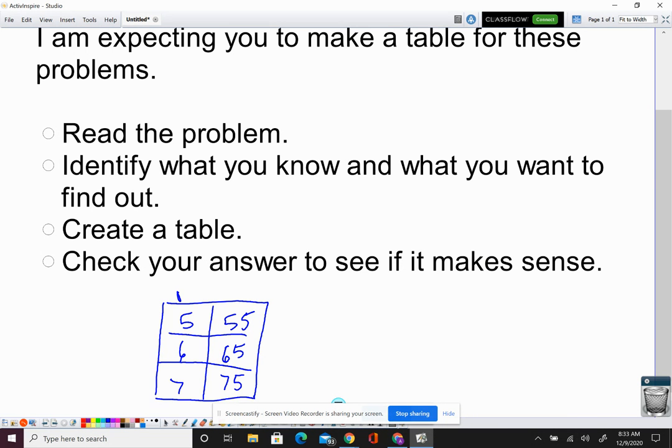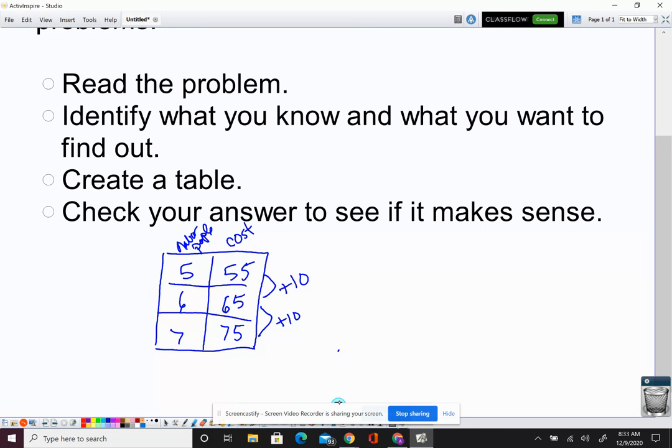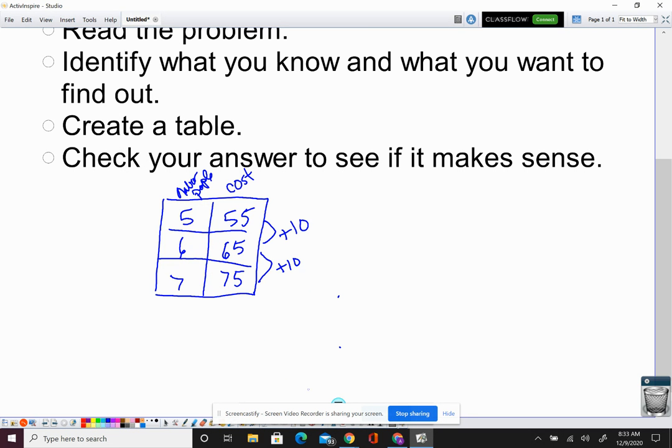So this is the number of people. This is the cost. So we can look at that table and we can say, well, each time they are going up by 10 for the number of people that we have. So the question is, find a cost of a membership that includes 8 people.